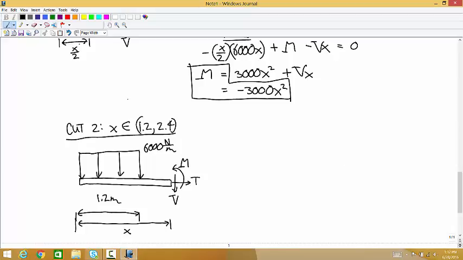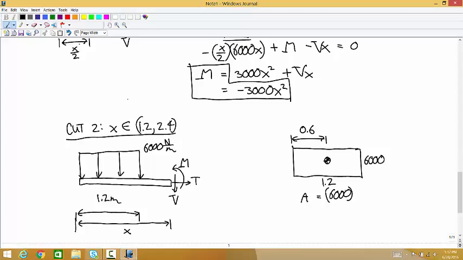And so if you think of this rectangle now, it has a height of 6,000. It has a width of 1.2. The centroid's right in the middle. In other words, this distance is 0.6. The total force is the area, so 6,000 times 1.2, or 7,200.